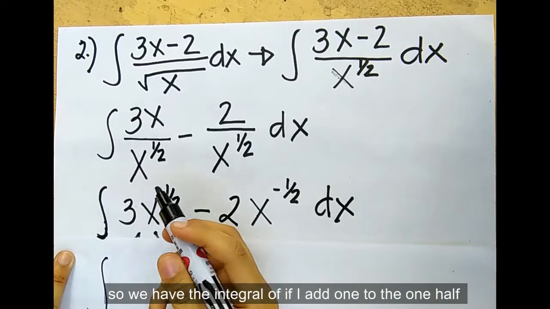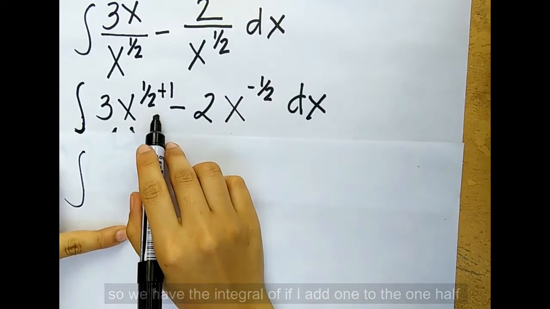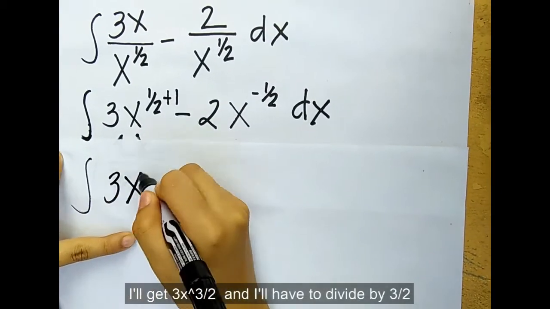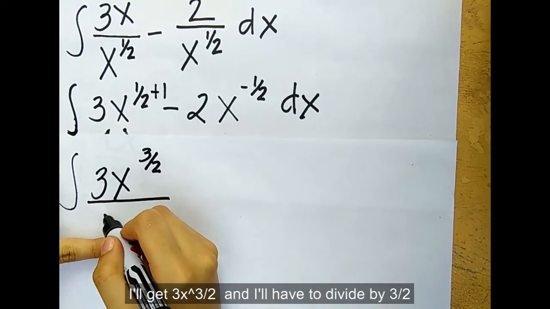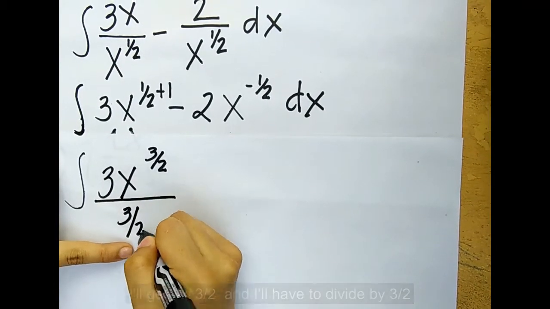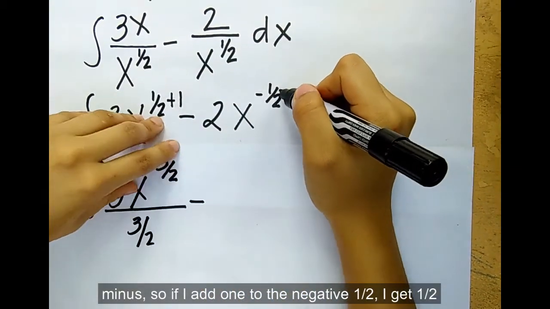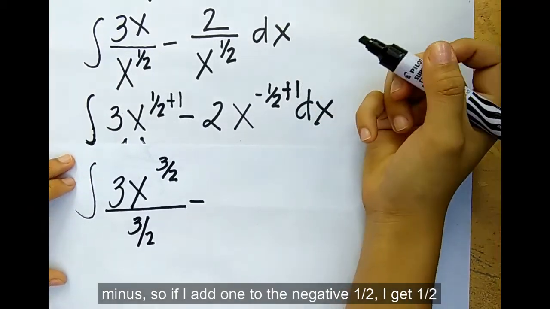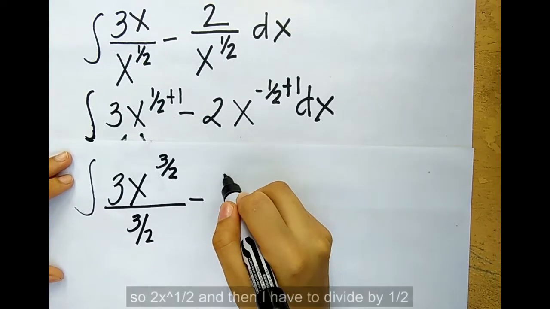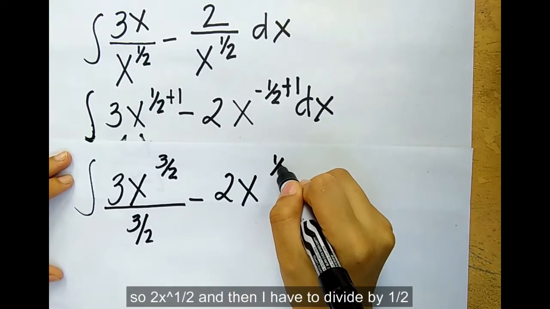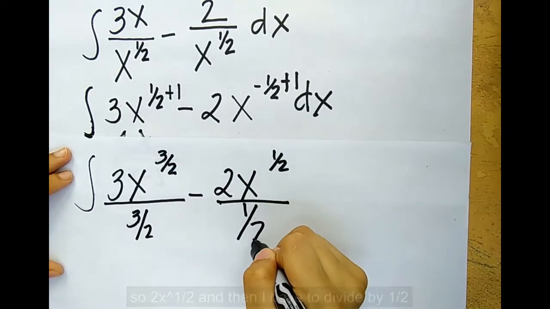So we have the integral of: if I add 1 to the 1/2, I get 3x raised to 3/2, and then I have to divide by 3/2, minus 2x raised to 1/2, because if I add 1 to the negative 1/2, I get 1/2, and then I have to divide by 1/2.